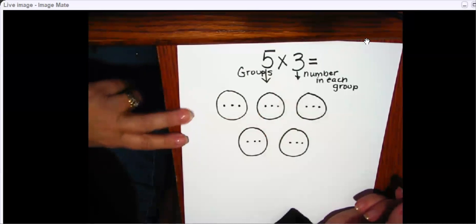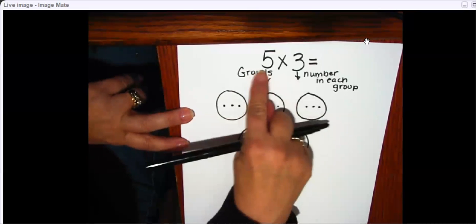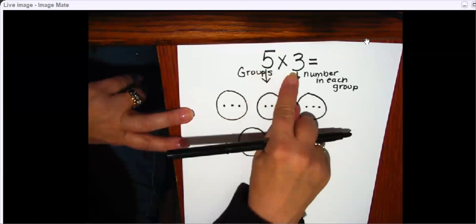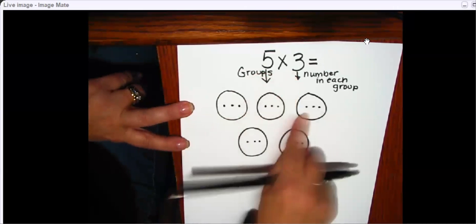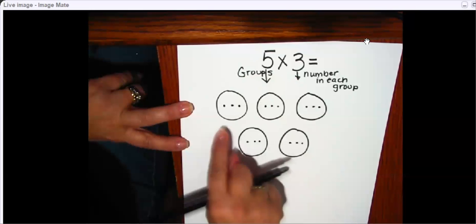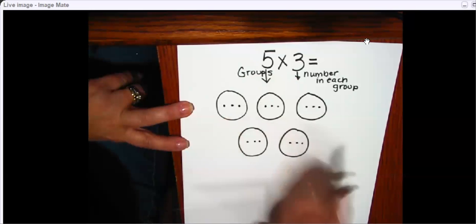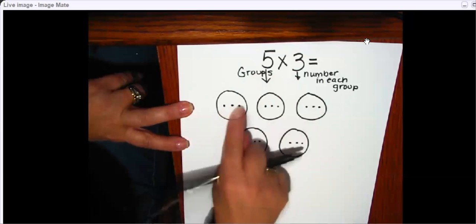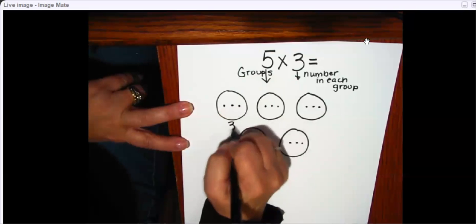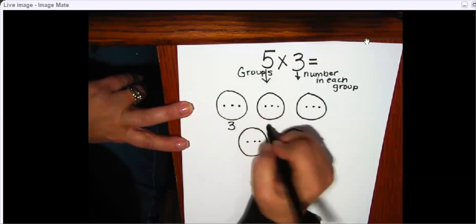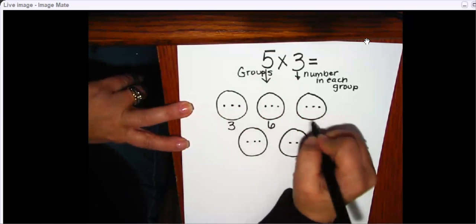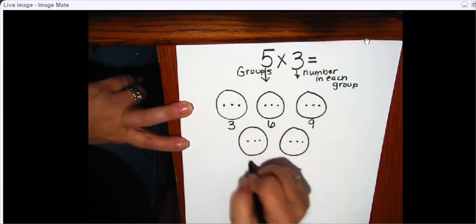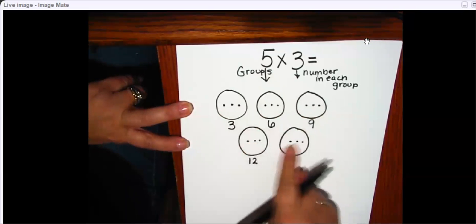Now, to figure out what my answer would be for my multiplication problem, I have to go through and count my numbers. 1, 2, 3, 4, 5, 6, 7, 8, 9, 10, 11, 12, 13, 14, 15.